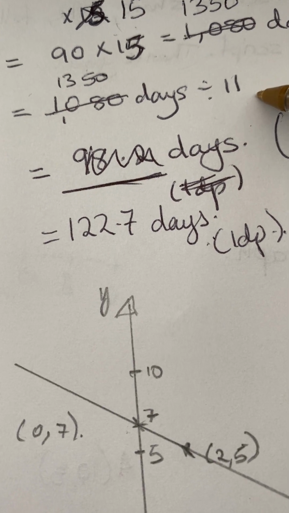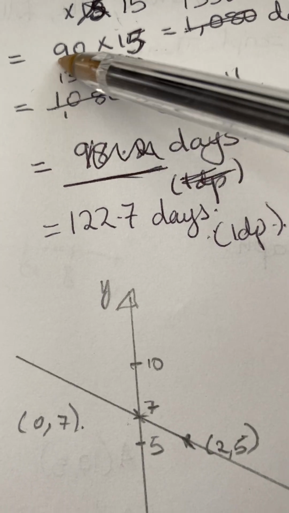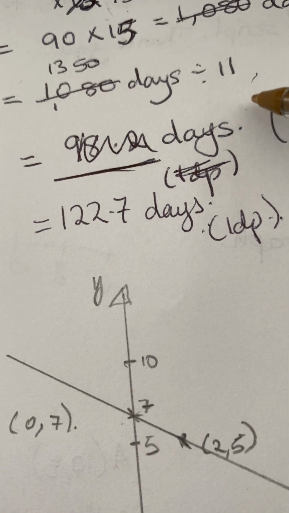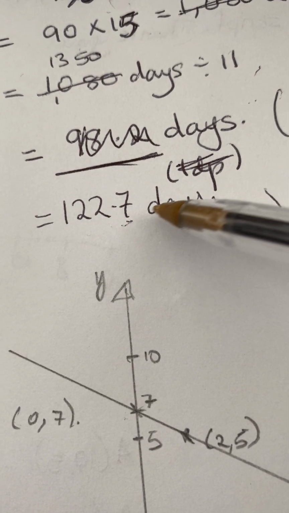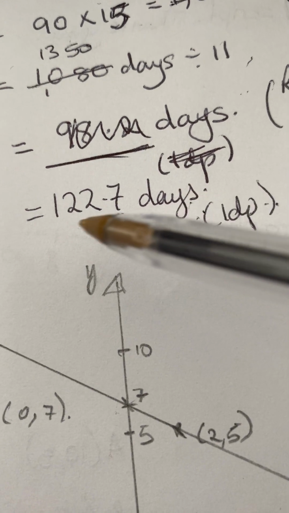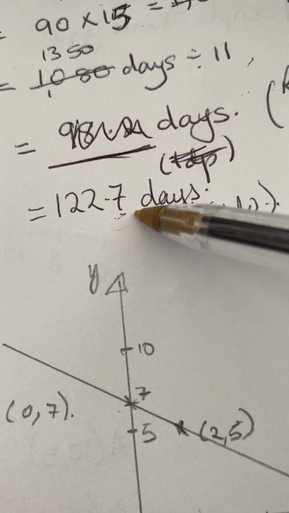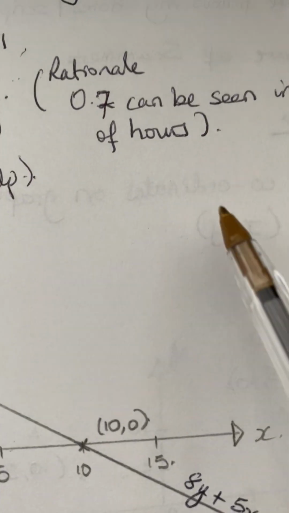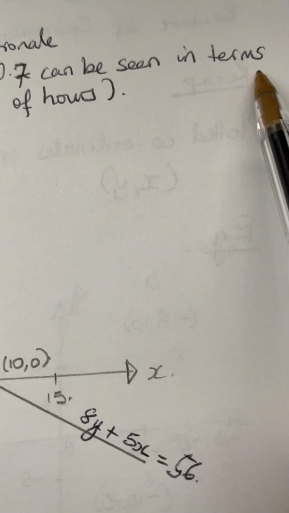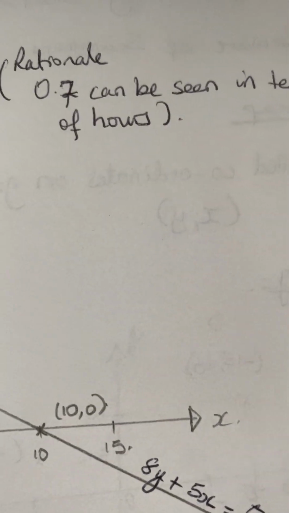Okay, so when you divide this on the calculator, you have 122.7 days. Now we can leave our answer as 0.7 because 0.7 can be seen in terms of hours.